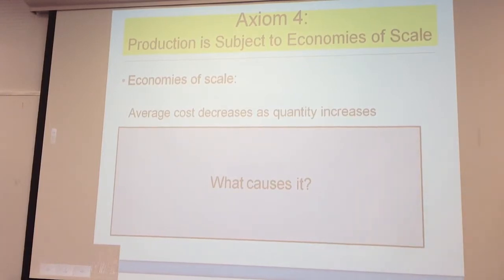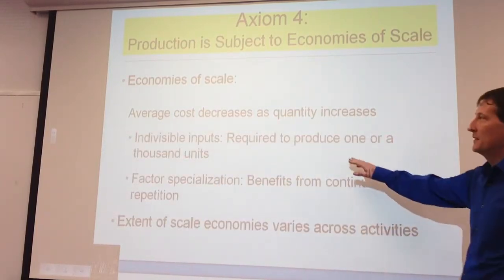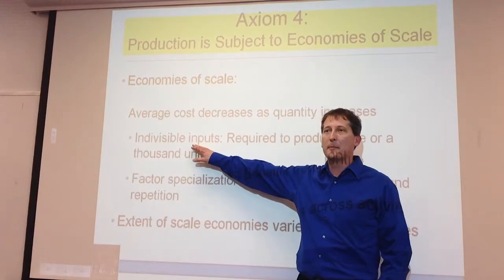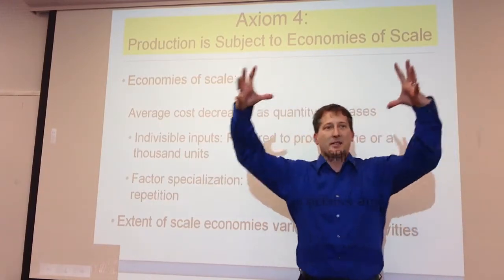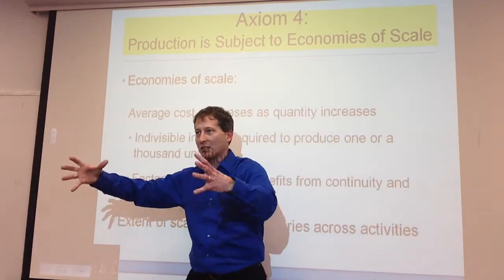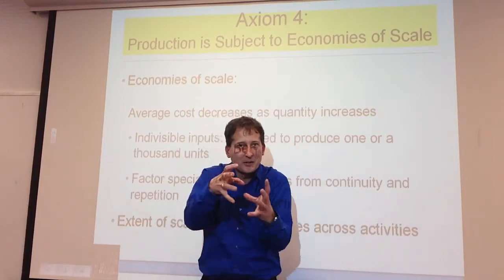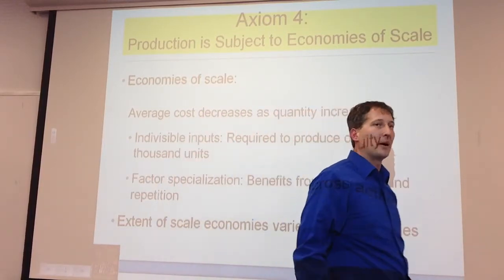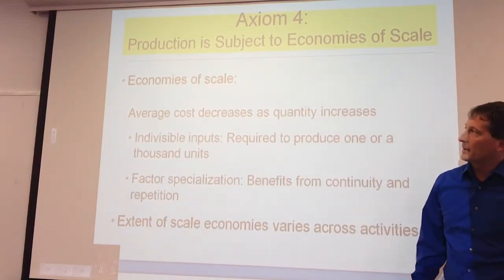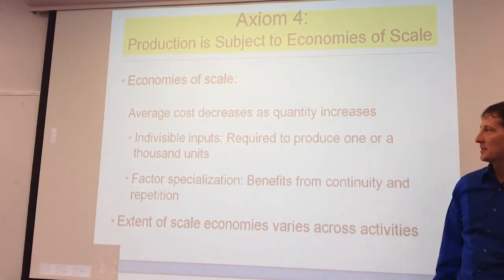All right. And that's through these indivisible inputs. You have to buy factories in large chunks. You can't just buy the optimal amount each time. You've got to bite the bullet on that expensive machine or that expensive building or a combination of that.